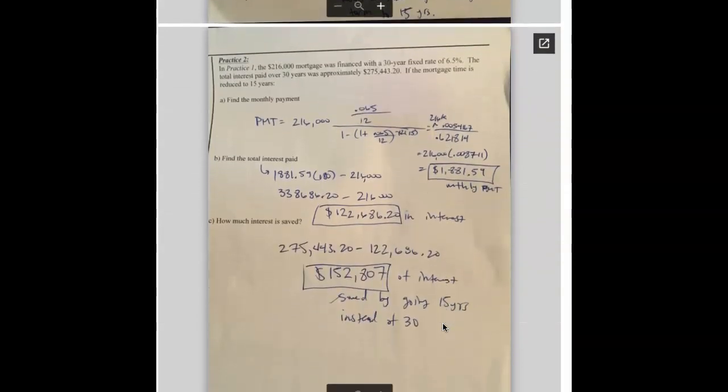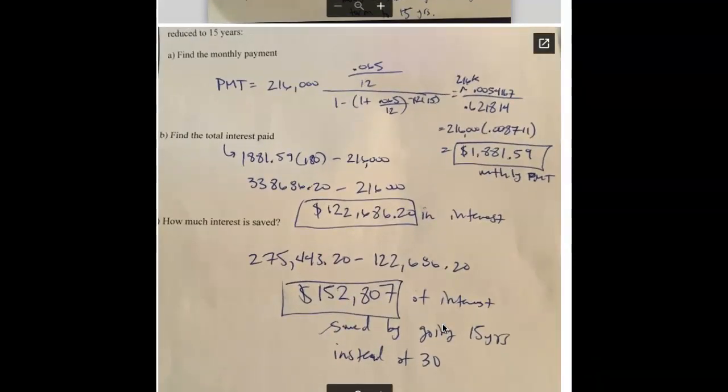And then, I mean, that's really it. Practice 2 is the same thing, so you probably don't need to hear that same exact thing over again. As the writing is a little sloppy, sorry about that, I'll just kind of tell you: 216,000, the rate here 0.065, also the rate here 0.065. These are ones, part of the formula. The 12s here, and the negative 12 here, part of the formula.